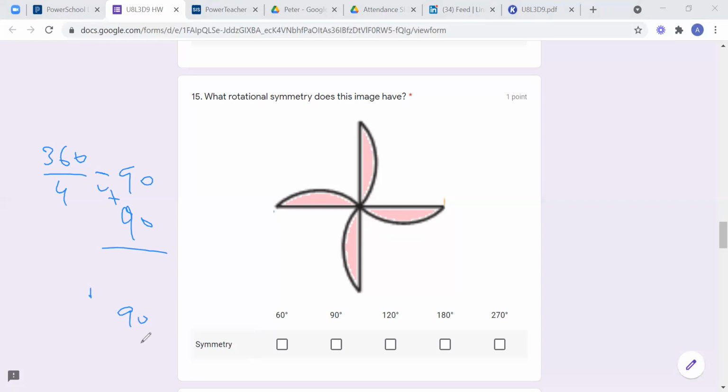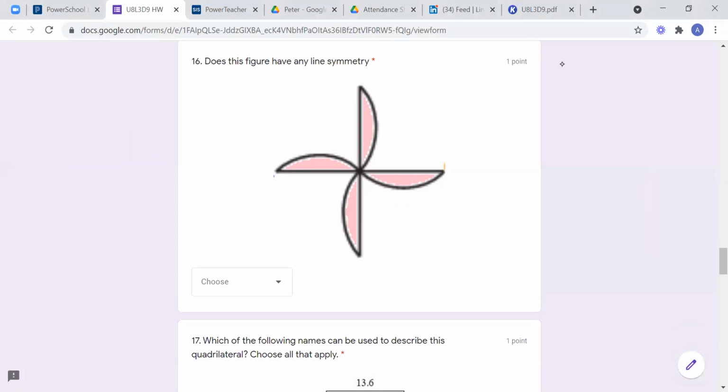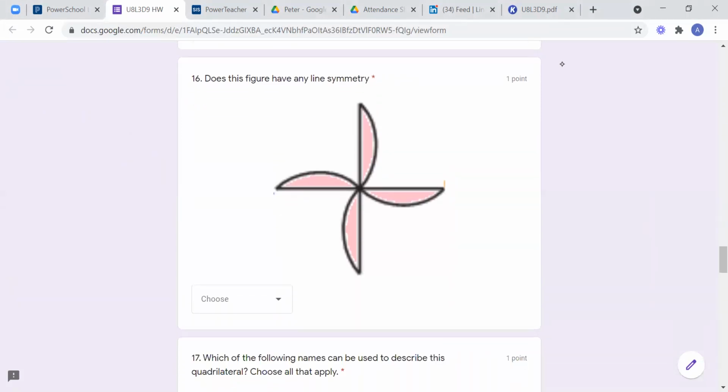Those will be your choices. 90 plus 90, whatever you get is your choice. Add 90 to it again, and you go on like that till you reach 360. Yes, this one has line symmetry, yes.